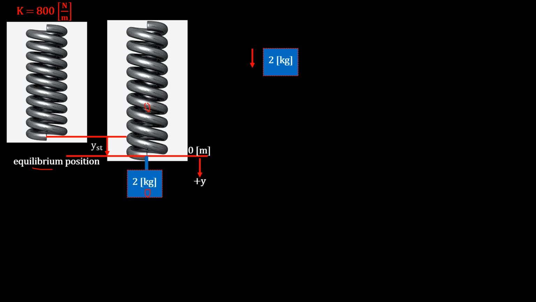You have your 2 kilogram block, with downward positive. The first thing is mass times gravity, the weight of the block, and the spring will exert a force opposite to the displacement direction, upward. That will be your force of the spring. So here we can say that the sum of the forces in the y direction equals 0.